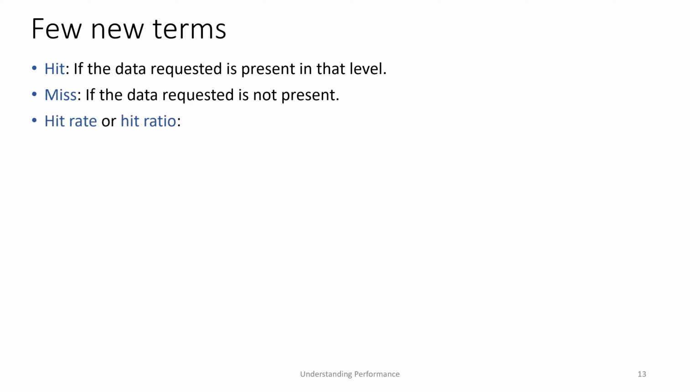Right. Now, a ratio of total number of accesses to the number of hits is called hit ratio. Now, to help you run your program faster, do we need high hit ratio or low hit ratio? Do we need more number of hits or more number of misses?